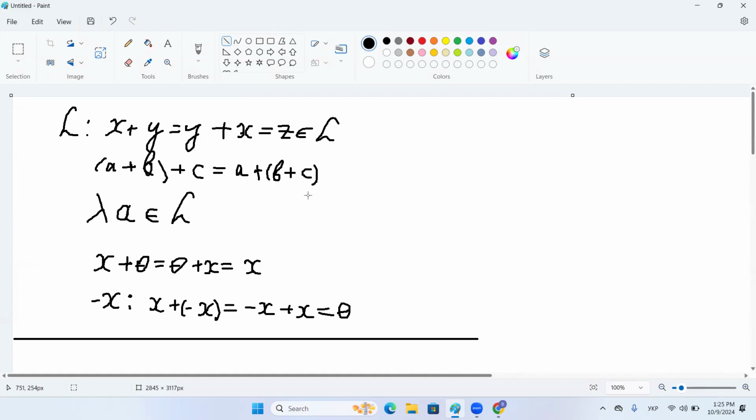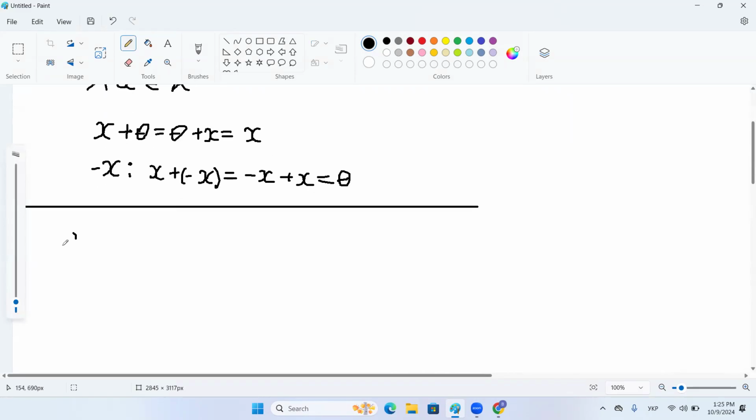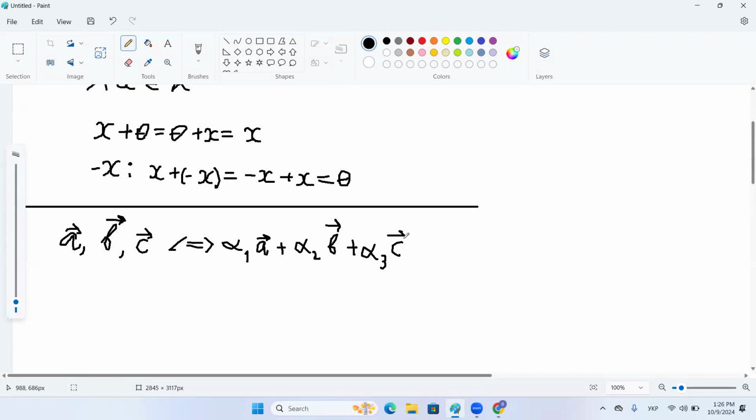If we have some vectors like a, b, and c, the general definition is that such a sum, alpha 1 a plus alpha 2 b plus alpha 3 c, equals 0 only if alpha 1, alpha 2, and alpha 3 are zeros as well.